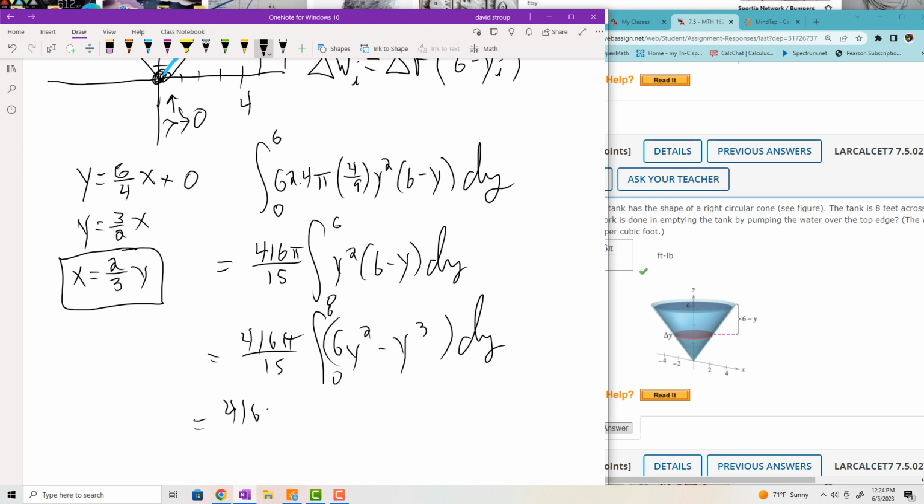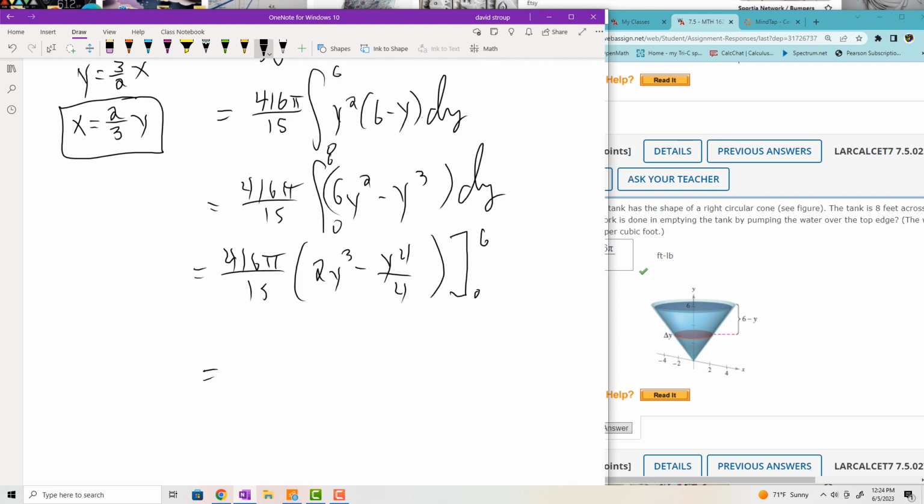So that would be 416 pi over 15 times, integrating 6y squared gives 2y cubed, minus y to the 4th over 4, and then evaluating from 0 to 6. So I got 416 pi over 15 times 2 times 6 cubed, and 6 cubed is 216 by the way, minus 6 to the 4th, which is 1296, over 4, and then minus 0 for the other limit.